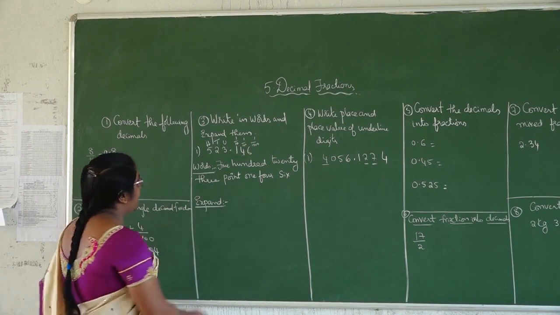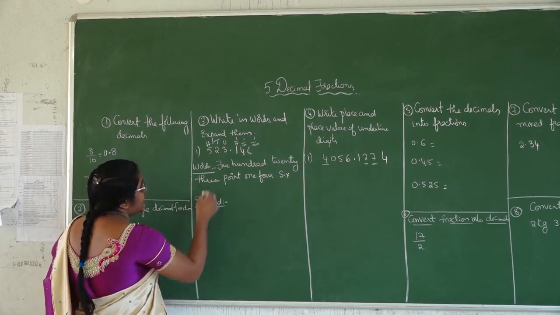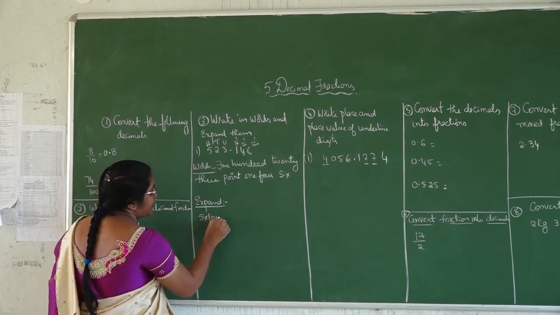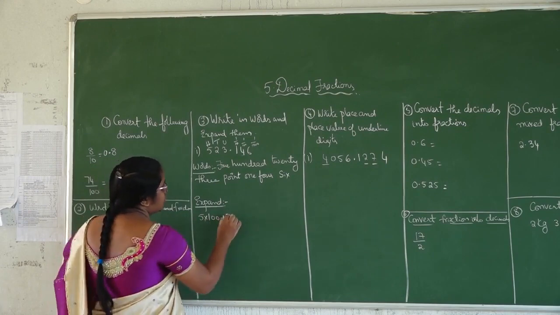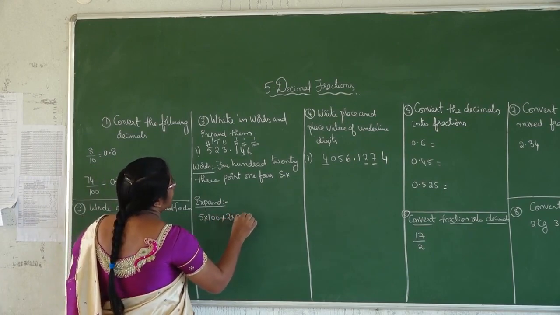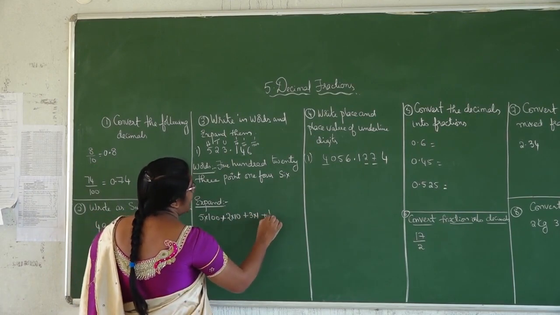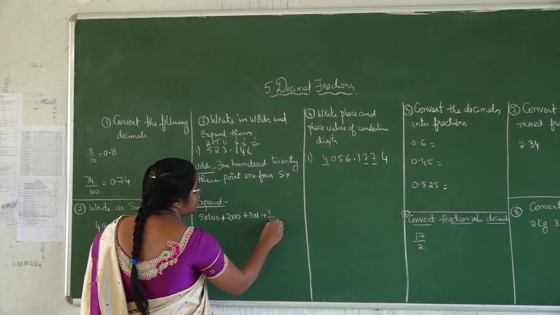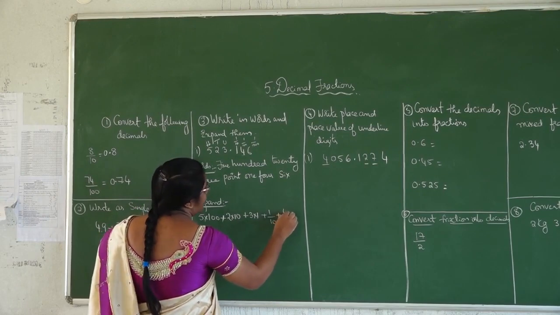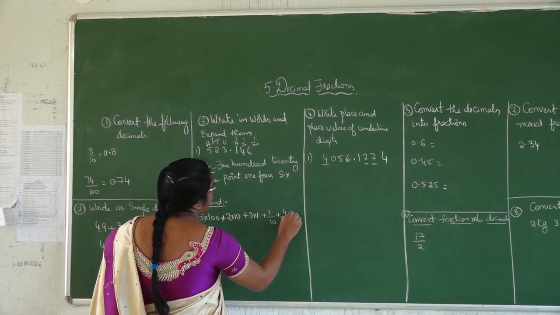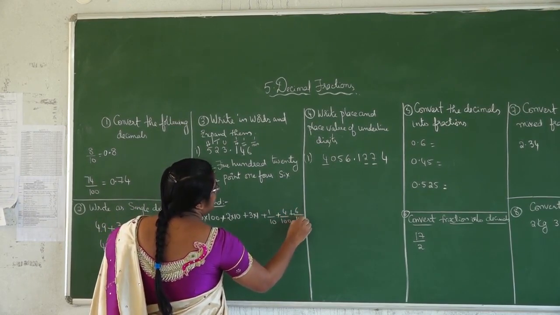Expanding that: 5 is in the hundreds place, so 5 into 100, plus 2 is in the tens place, plus 3 is in the ones place, plus 1 is in the 1 by 10 place, plus 4 by 100, plus 6 by 1000.